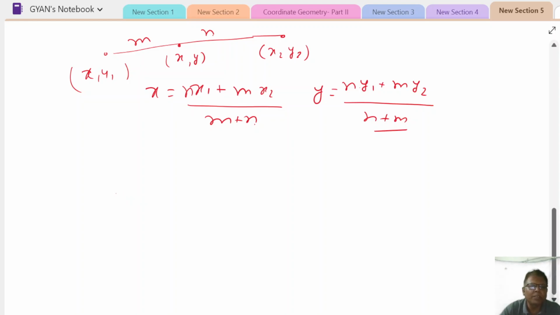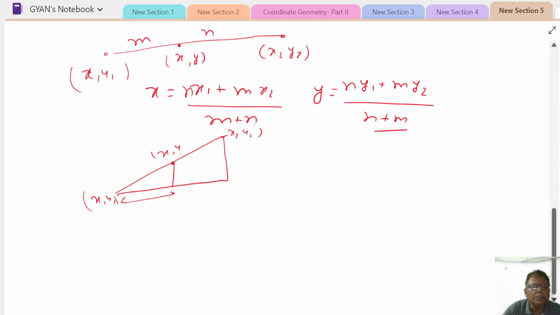So how can you prove that? You can prove that very easily. Suppose this is a triangle, this is also a triangle, and this one is x y, this one is x1 y1, and this one is x2 y2. What is this length?